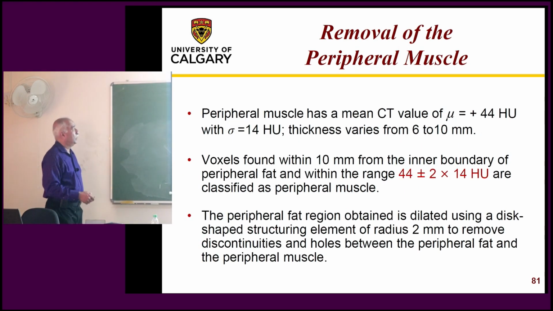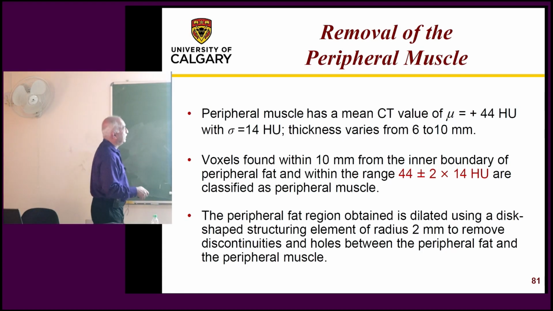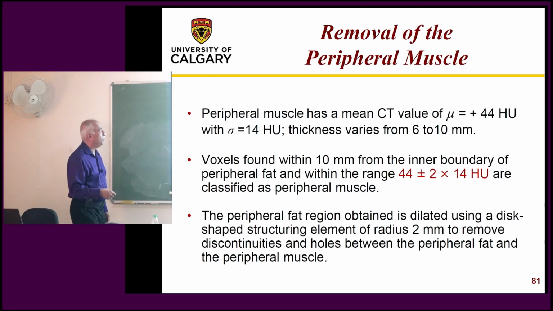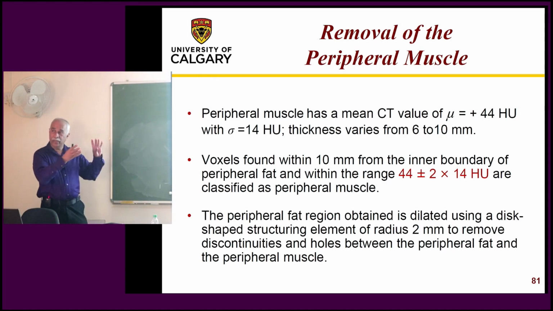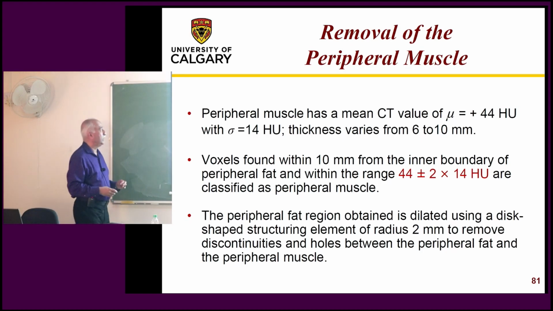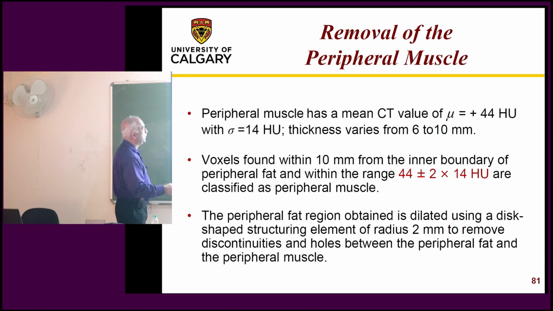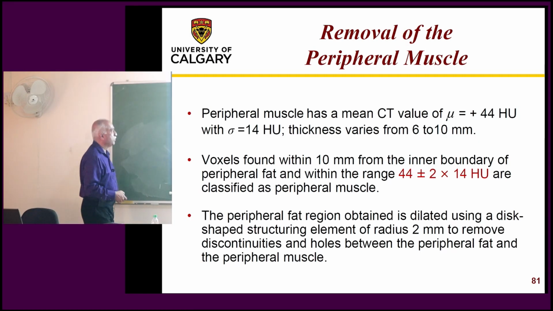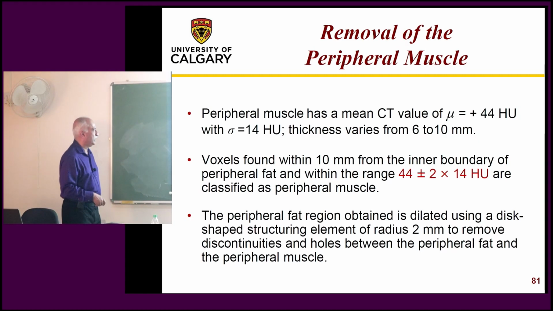Then muscle. Mean is plus 44 Hounsfield units. Sigma is 14. The thickness varies from 6 to 10 millimeters, again in children. So voxels found within 10 millimeters from the inner boundary of peripheral fat that we already dealt with, and in the range of the mean plus or minus 2 standard deviations of this type of tissue, are classified as peripheral muscle.